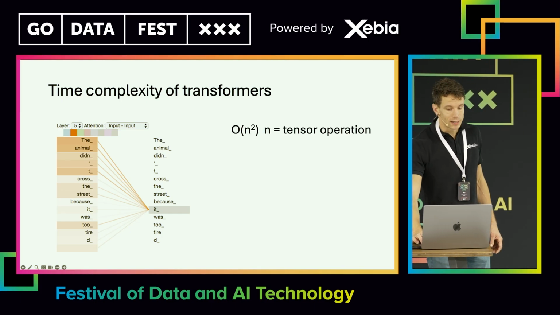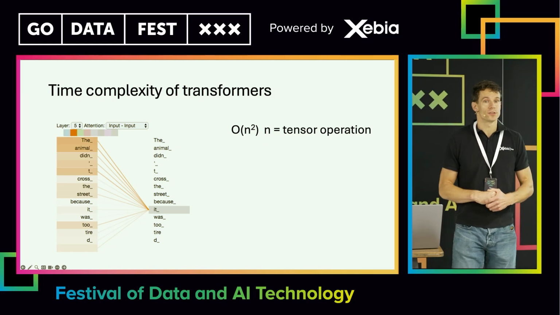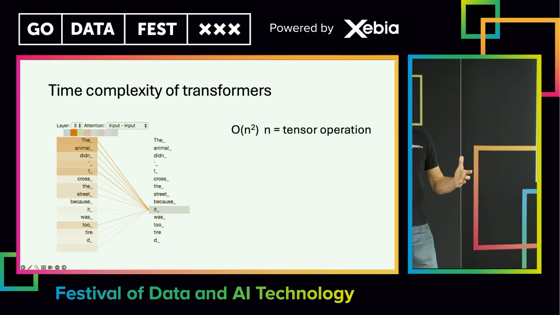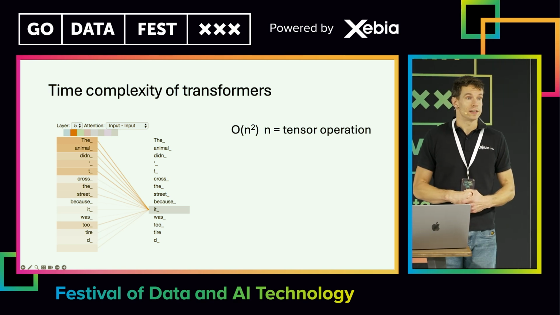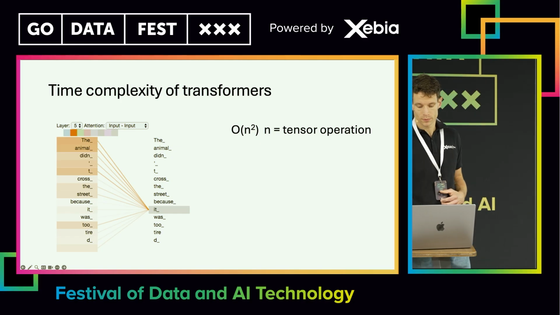So what does that mean? This pairwise interaction is a quadratic computation that you're doing. So as your input increases, the time it takes for your model to respond increases quadratically. So the bigger the input, the longer you have to wait for it to return.